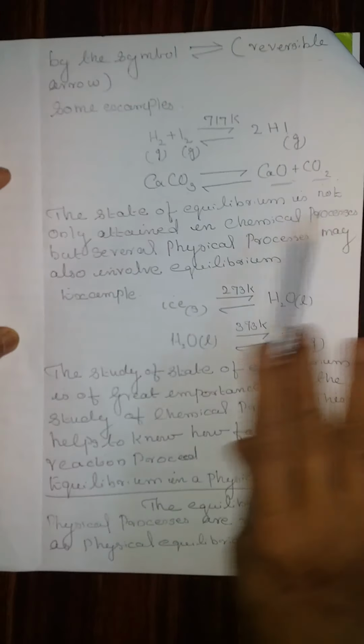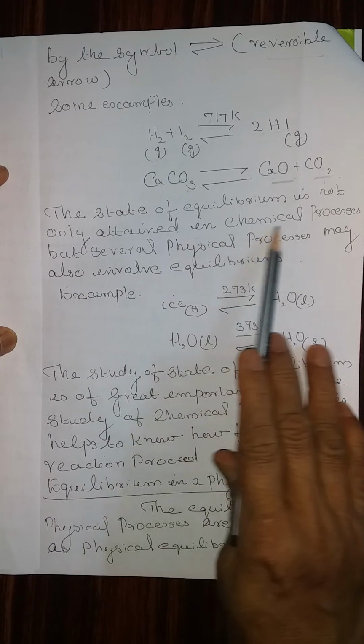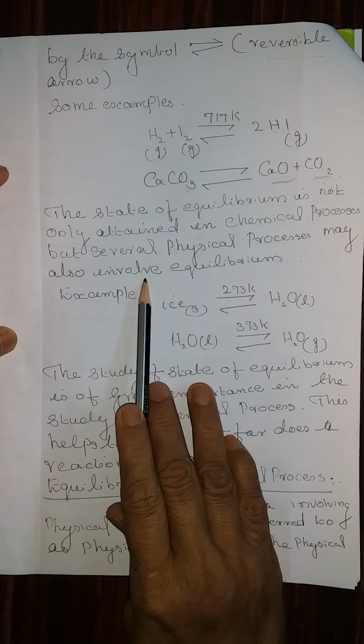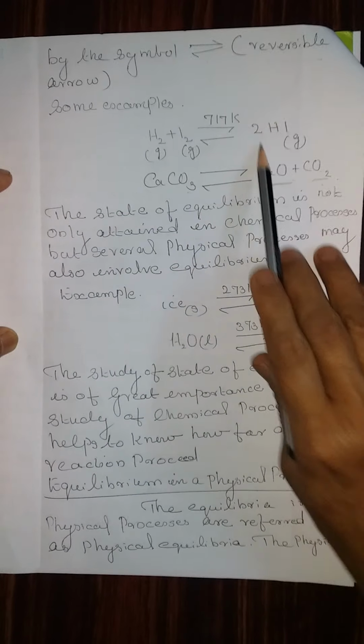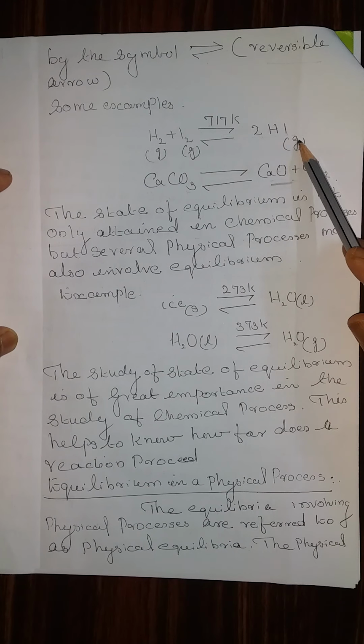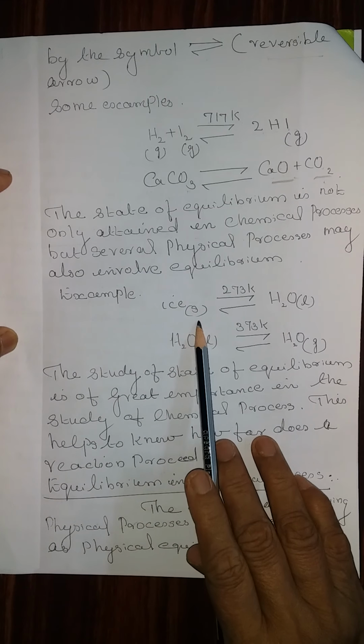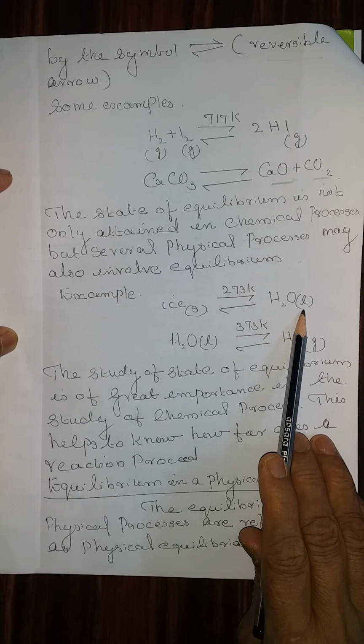The state of equilibrium is not only attained in chemical processes, but several physical processes may also involve equilibrium. This is not only meant for chemical reactions. There are certain physical processes that also show this characteristic property of maintaining equilibrium. For example, ice is getting converted into water.